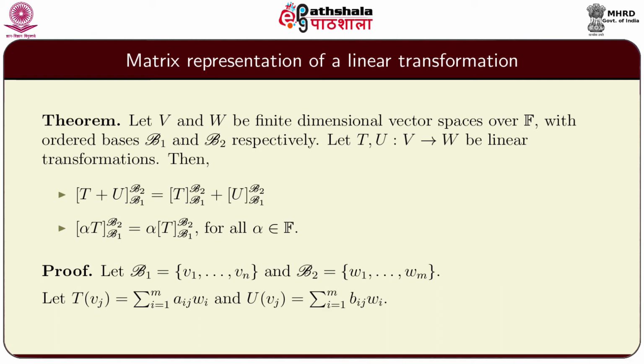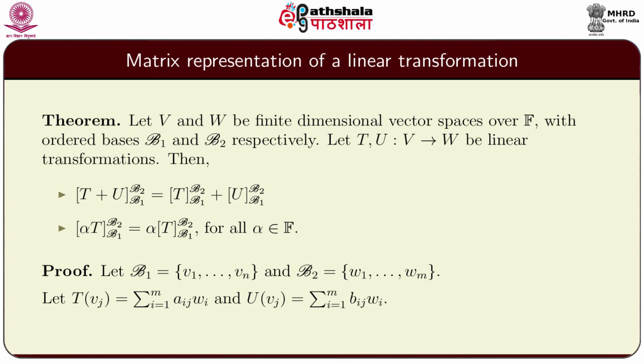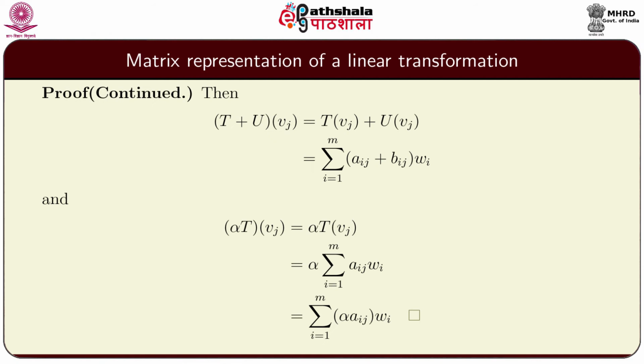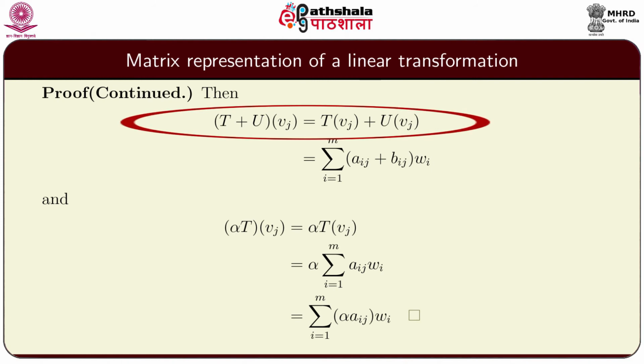So, start with the ordered bases B1 and B2, and suppose they are given by the vectors V1, V2, ..., Vn and W1, W2, ..., Wm. We can write T of Vj as the linear combination of the Wi's, the scalars being Aij, and U of Vj as the linear combination of the vectors Wi's, where the scalars are Bij's, and then you can see that T plus U of Vj would be summation of Aij plus Bij times Wi.